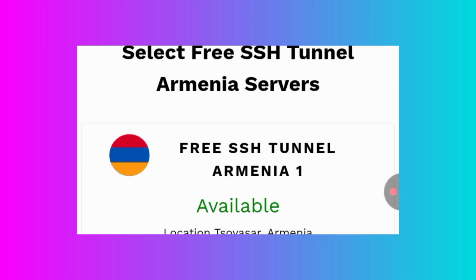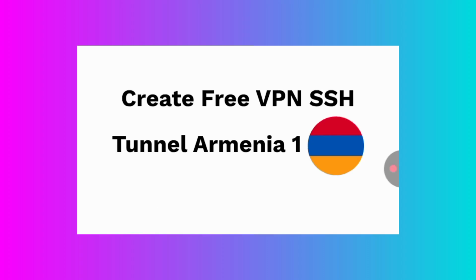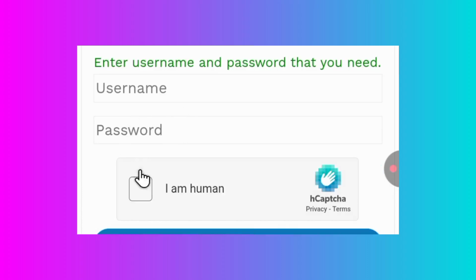Here you'll be required to click on create username SSH tunnel, and you'll be required to enter password, username, and also complete the human verification. So you do that very fast.